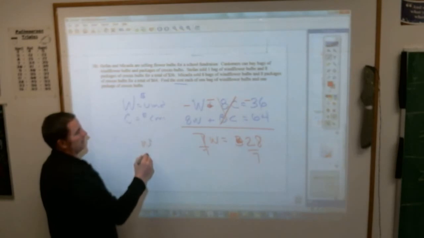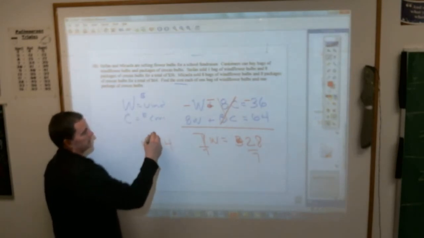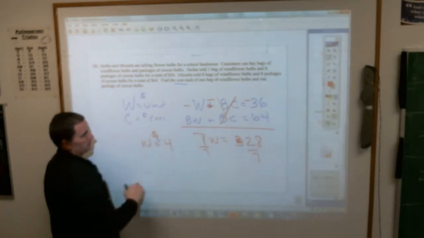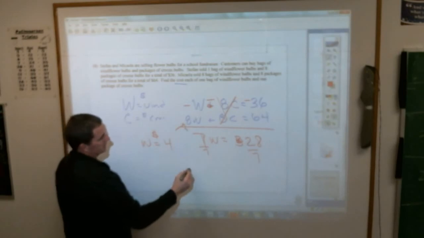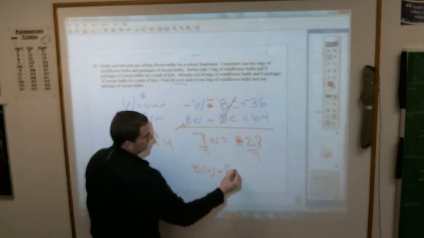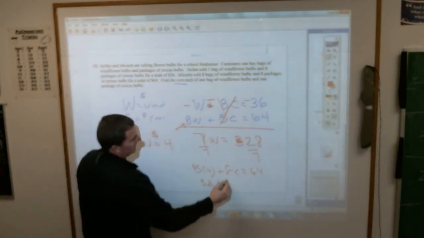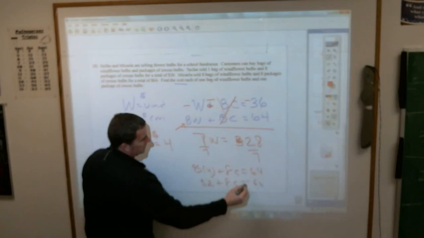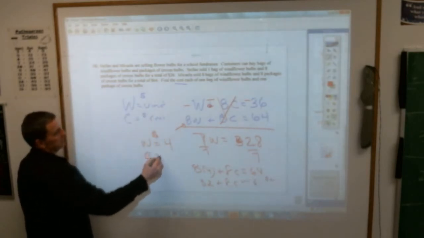The cost of a windflower is $4. Put that in for, doesn't matter which one, I'll probably do this one. 8 times $4 plus 8 times C equals 64. 32 plus 8C equals 64. Subtract 32, you get 32. C goes in. It's $4.